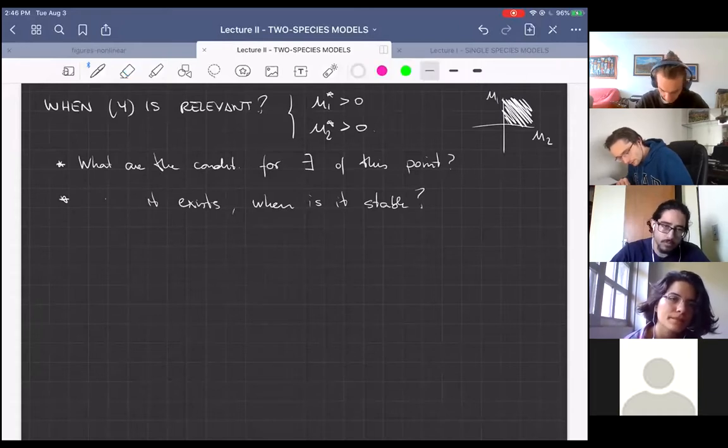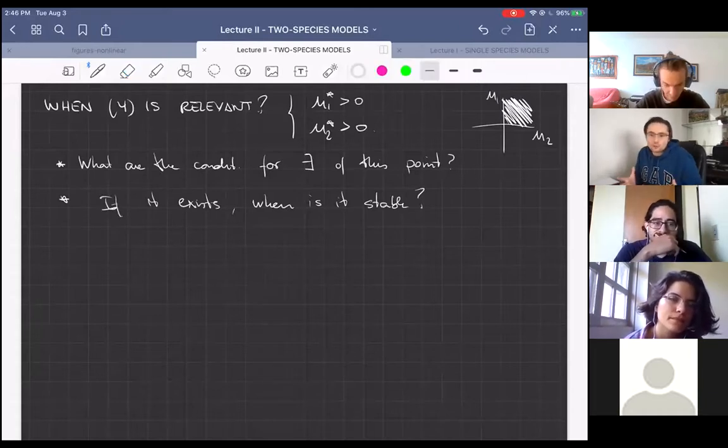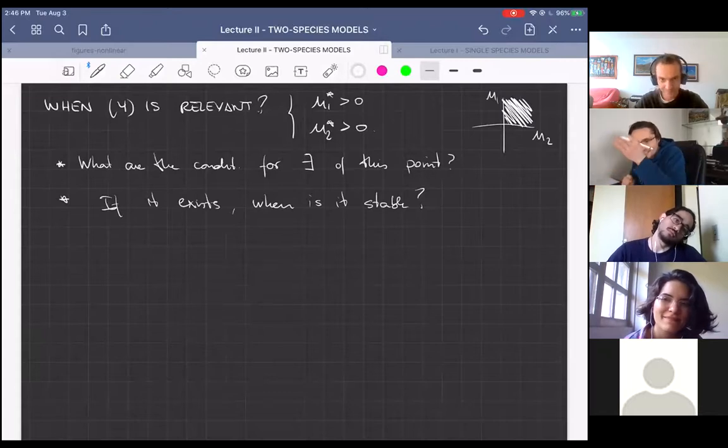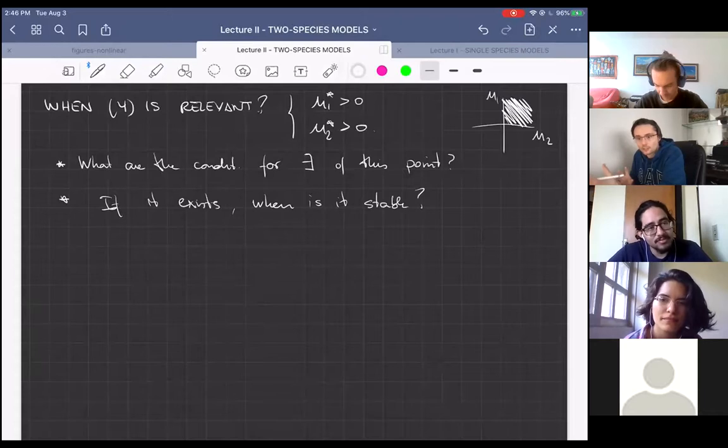So we want to know when it's meaningful and when are we going to observe it. And we are going to observe it only if it's stable, because if it is unstable, I think, guys, you can spend your whole life in a lab and you will not find the unstable point, because the system will not go there unless you start the system there. So we want it to be stable.